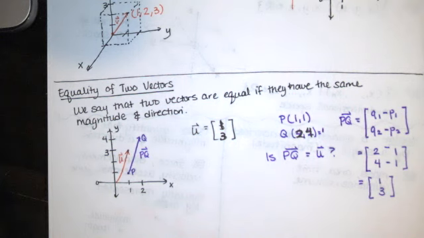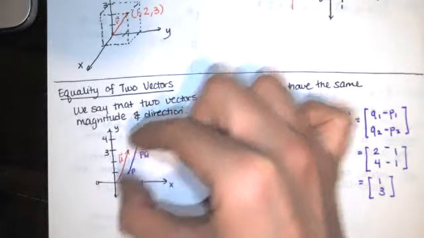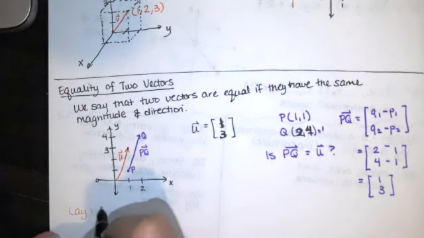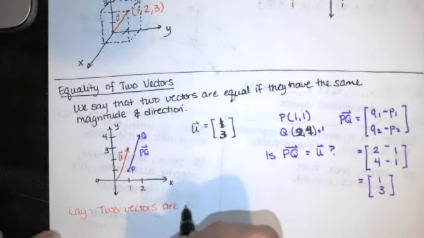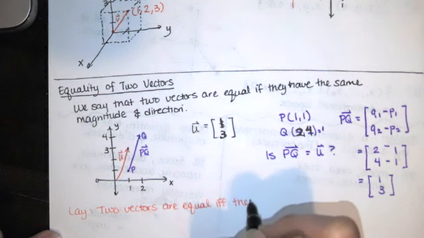Now, the author of our textbook, Lay, does not keep this in mind. He doesn't say that you could just take this vector, pick it up, and put it over there, and say that those are the same. He's not using those interchangeably. What Lay says is this: two vectors are equal if and only if their entries are equal.